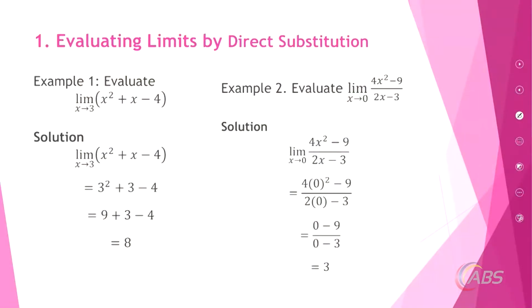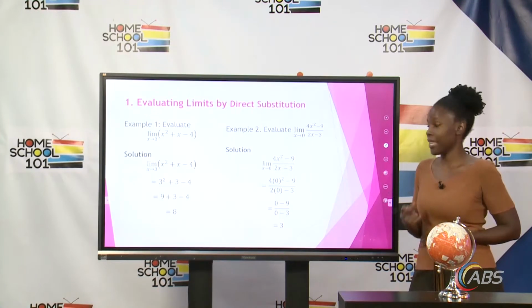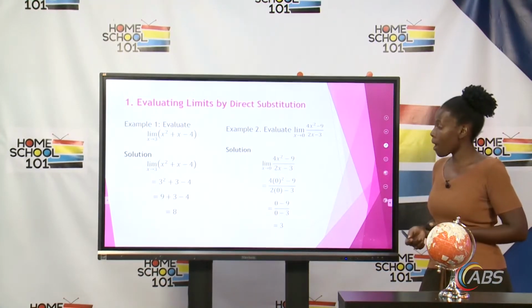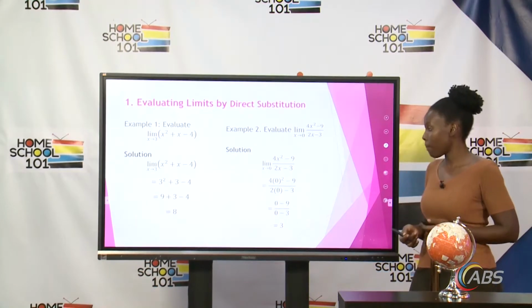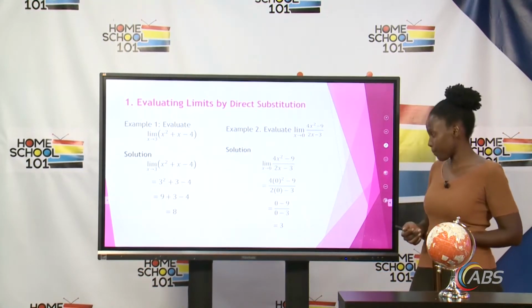For my second example, I'm evaluating the limit of 4x squared minus 9 divided by 2x minus 3 as x tends to 0. So again, what we will do is to substitute the value of x, in this case it is 0, into the function for x. So it becomes 4 times 0 squared minus 9 divided by 2 times 0 minus 3.